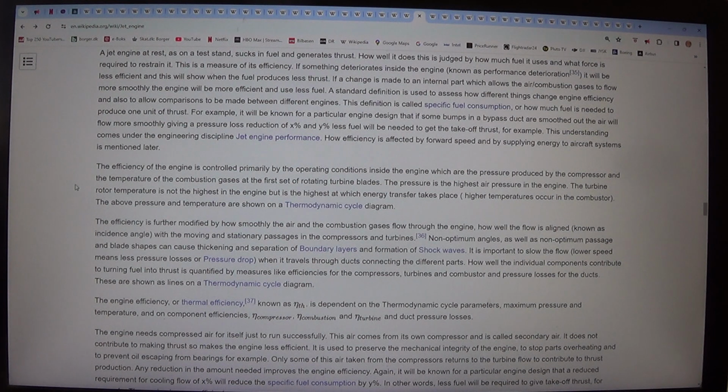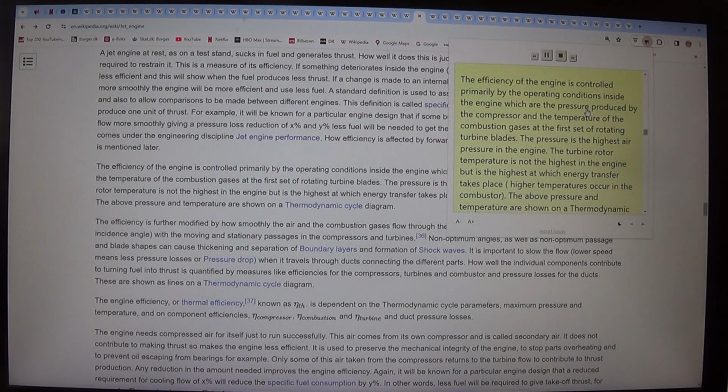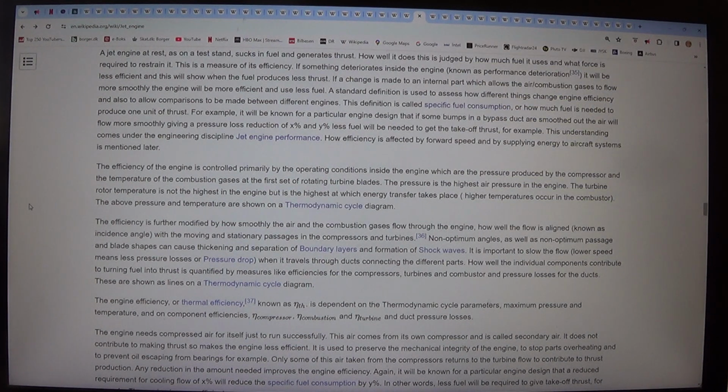For example, it will be known for a particular engine design that if some bumps in a bypass duct are smoothed out, the air will flow more smoothly, giving a pressure loss reduction of X% and Y% less fuel will be needed to get the takeoff thrust, for example. This understanding comes under the engineering discipline jet engine performance. How efficiency is affected by forward speed and by supplying energy to aircraft systems is mentioned later.